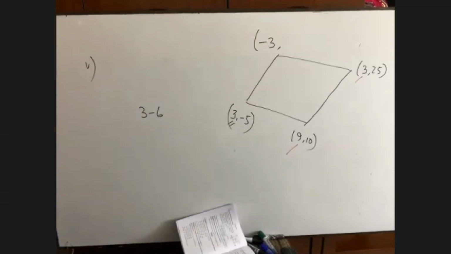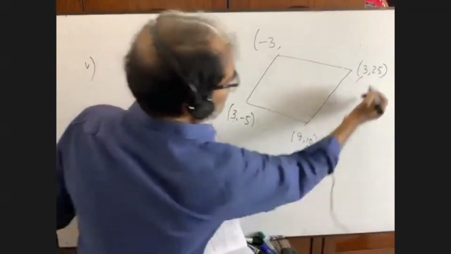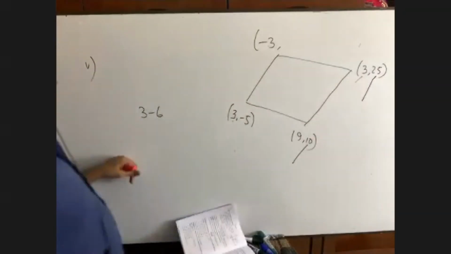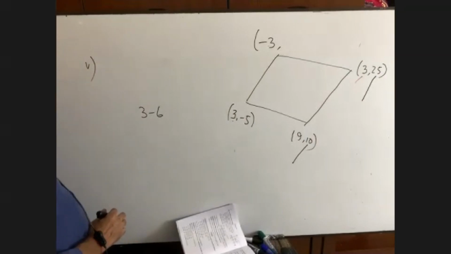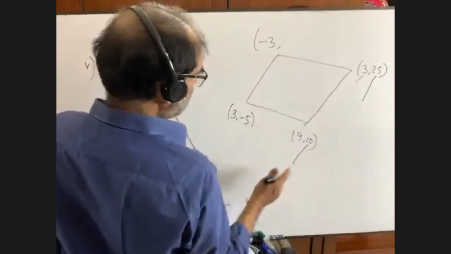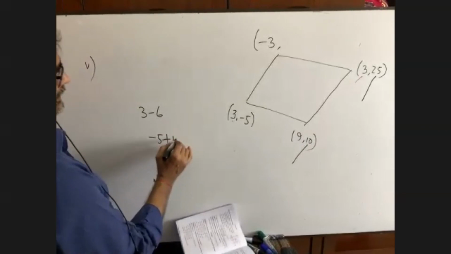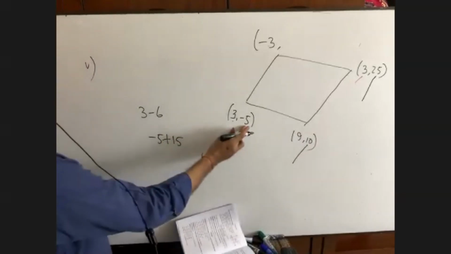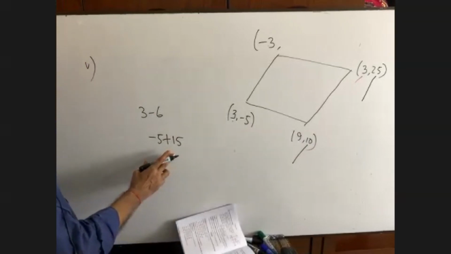Okay, now you again see. It is 10. It is 25. What is the difference? 15. Sir, 15. Increased or decreased? Increase, sir. Yes, it is increased. So you have to get -5 plus 15. If it is increased, it is addition; if it is decreased, then it is subtraction.